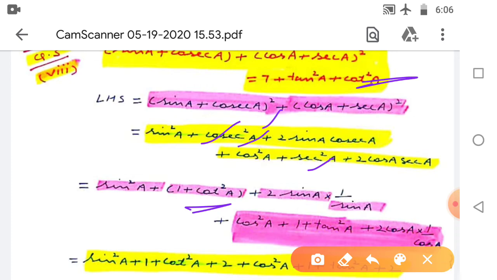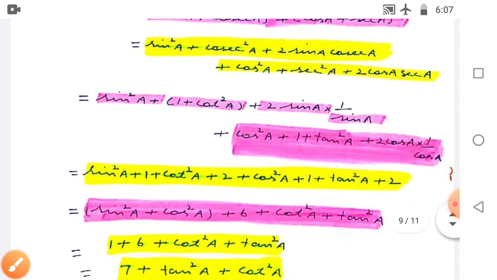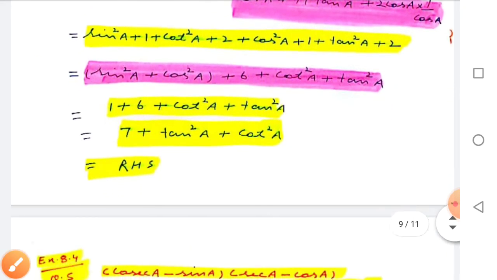So convert this cosec square a into 1 plus cot square a by applying the identity. On the right hand side there is no sec square a. So instead of writing sec square a, I write 1 plus tan square a, because this is the identity, that is 1 plus tan square theta is equal to sec square theta, and then convert this, and finally we get the RHS. Right? So that is 7 plus tan square a.